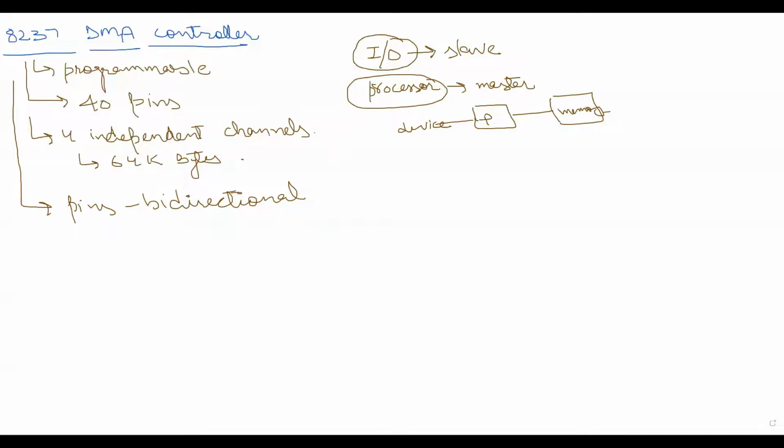Fine. So first, we won't discuss all the 40 pins of this DMA controller, but we should know what the pins are, and we should also know the internal structure of this DMA controller. So the first thing is that it has address pins A0 to A7.